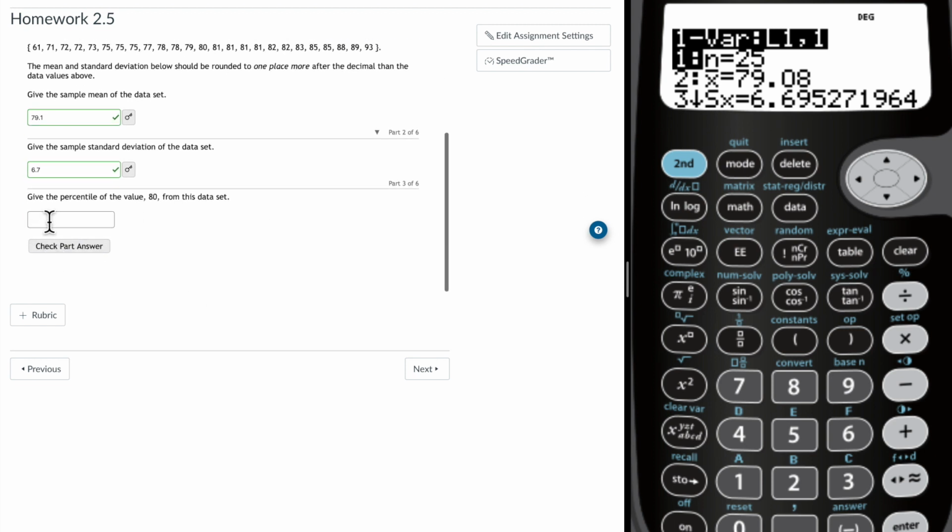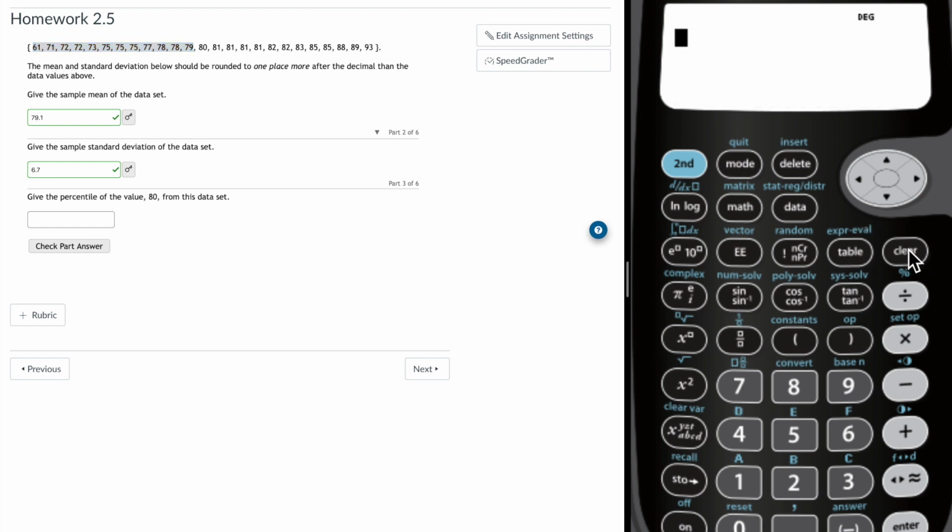Okay, and then the percentile for 80. I'll have to count how many values are less than 80, not less than or equal, but strictly less than. So those are the values less than 80. It's 1, 2, 3, 4, 5, 6, 7, 8, 9, 10, 11, 12. So it's 12 values out of, let me see here.